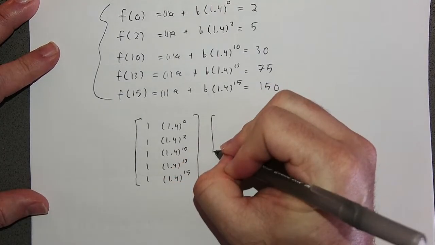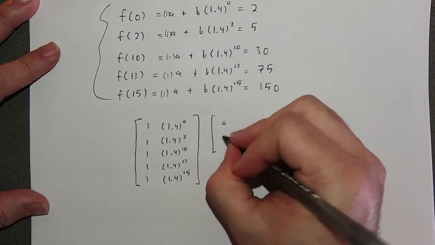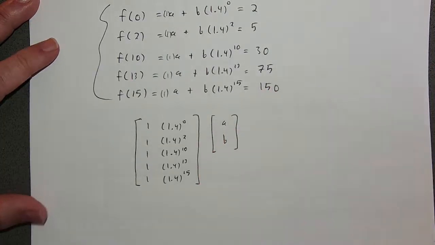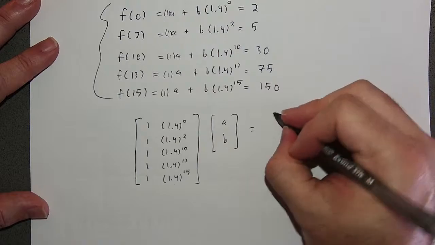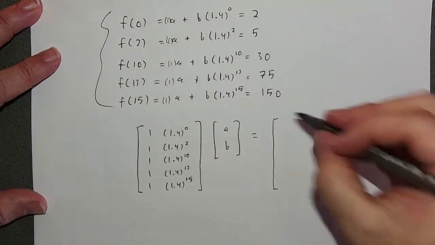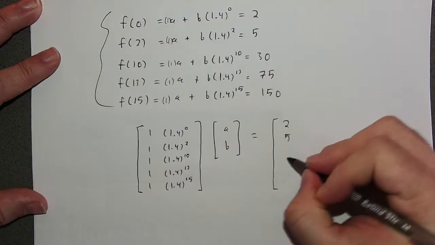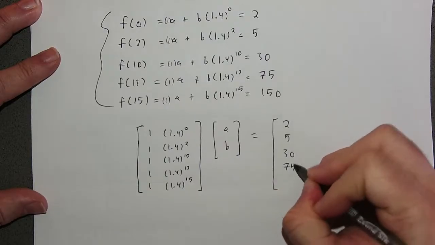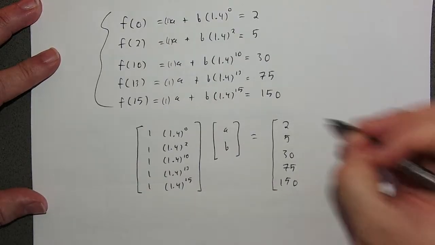This is times the vector a, b. Right, and this is equal to my vector of those d values here. So this would be 2, 5, 30, 75, 150.